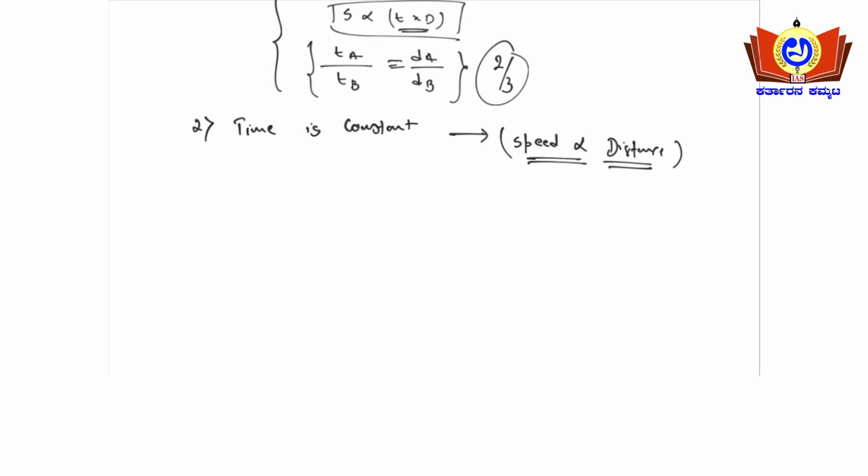We can equate, right? In some of the questions you will encounter 2 different sets of data given, but the same time is traveled, so the time taken will be the same. Then you can equate both the equations there, okay? While trying to solve different problems, take this as the basic concept here, okay?